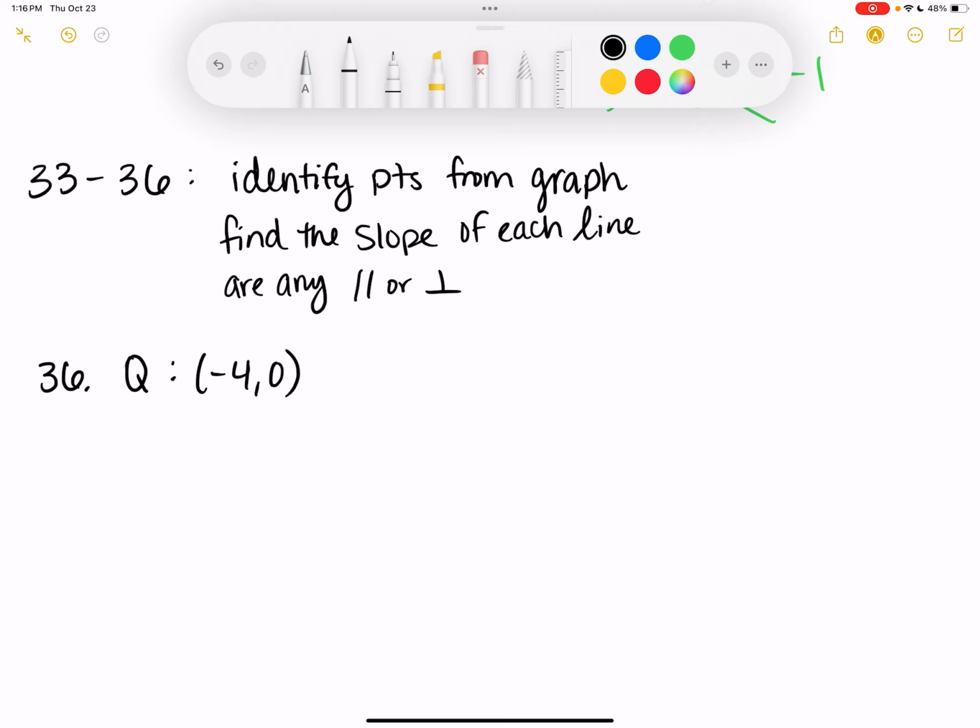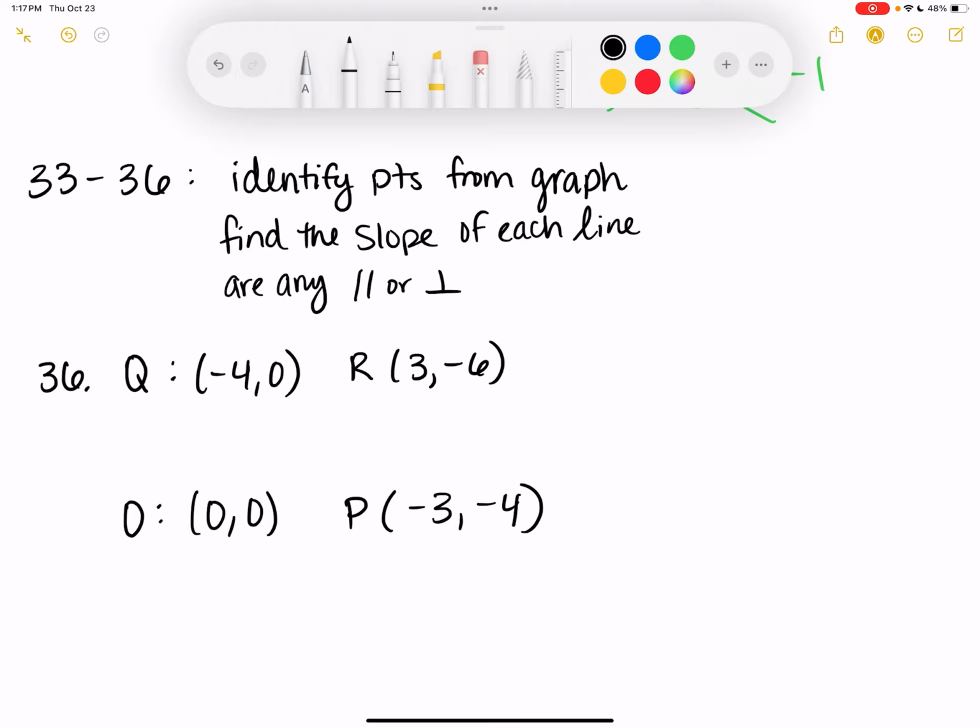And then R is going to be 3, negative 6. Then my next line is OP. So O is going to be at 0, 0. And P is at negative 3, negative 4.